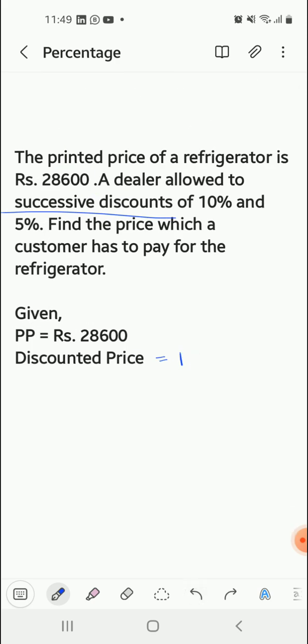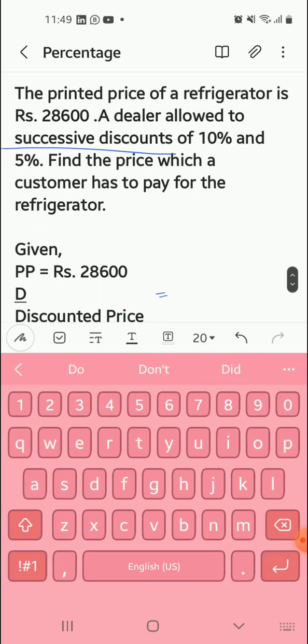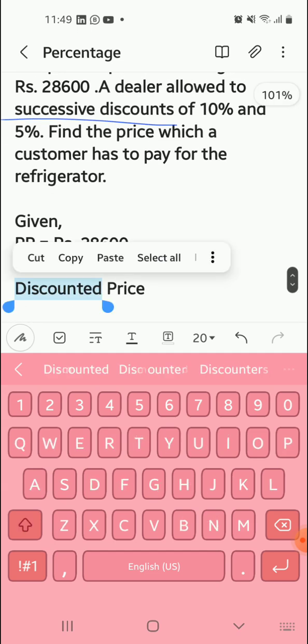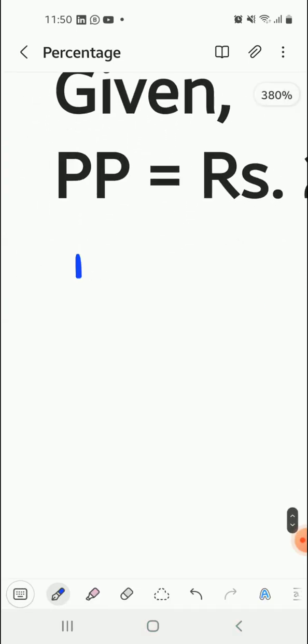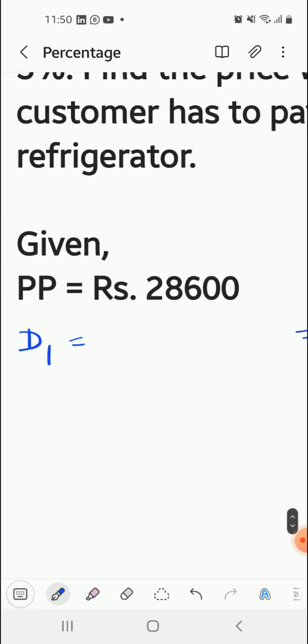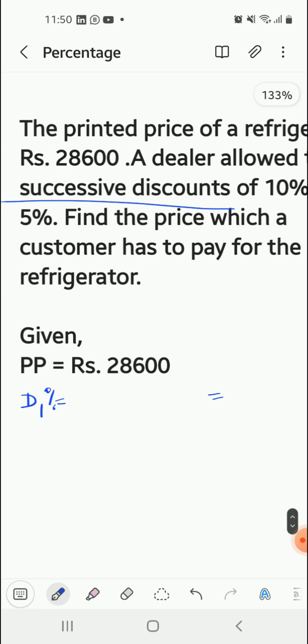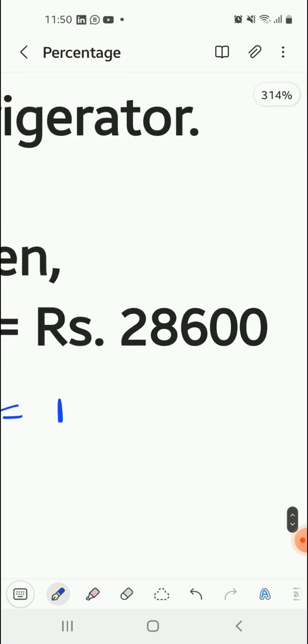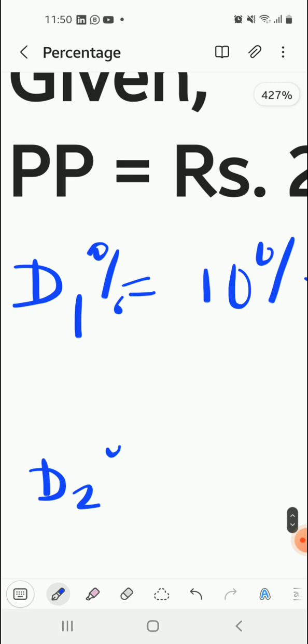So see, the first discount that we have, we will mark it as D1. Okay, let us write it in this manner. So D1 is my first discount. So D1% is equal to 10%, and D2 is 5%.